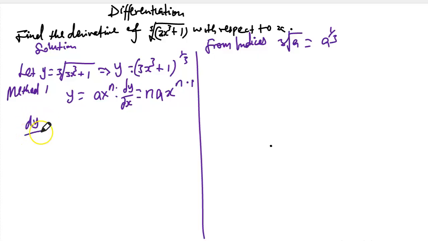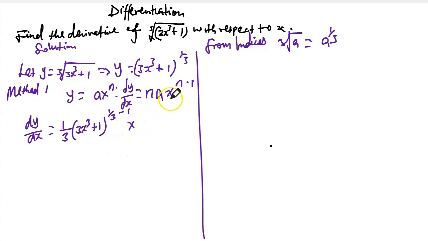dy/dx to be equal to, bring the power down, n. So our n in this case is 1 over 3. And then we have what we have in the bracket, 3x cubed plus 1, and then n minus 1, so it is 1 over 3 minus 1.